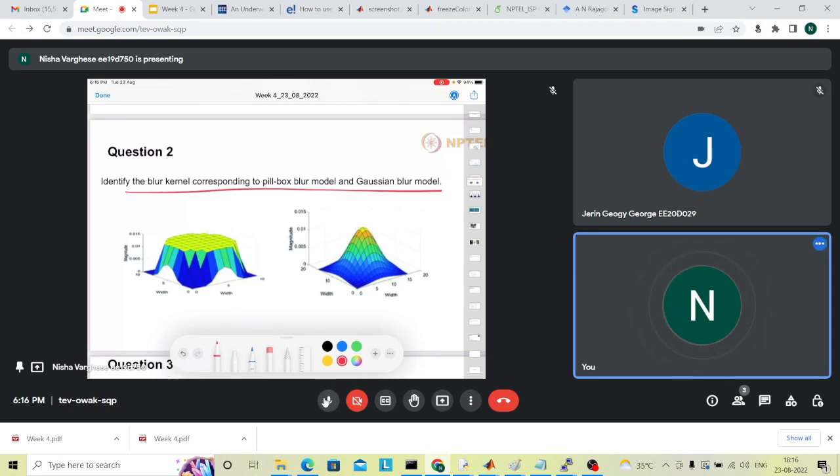So can you tell which one is pillbox blur model? So the first one is the pillbox blur model, and the second one is Gaussian blur.